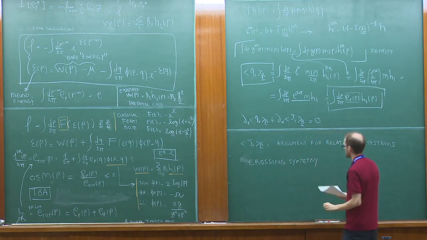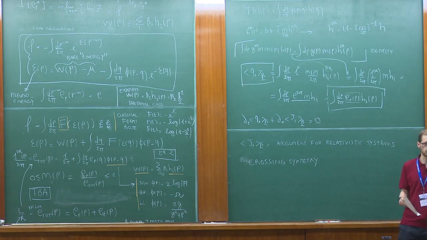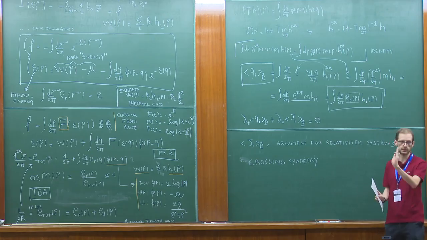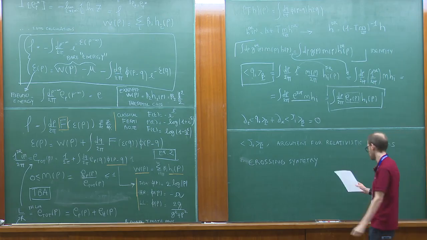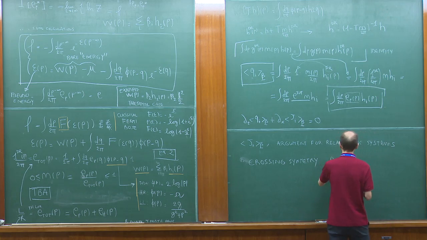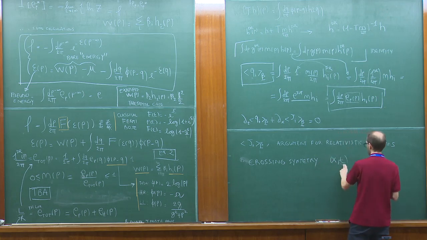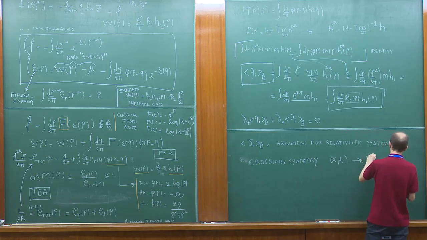Crossing symmetry essentially tells you that for a relativistic 1+1 dimensional field theory, you can swap space and time. Okay? You can look at scattering in the direct channel or in the reciprocal channel. Swapping space and time means that if you have the space-time point x, t, you can map it to minus i t, i x.